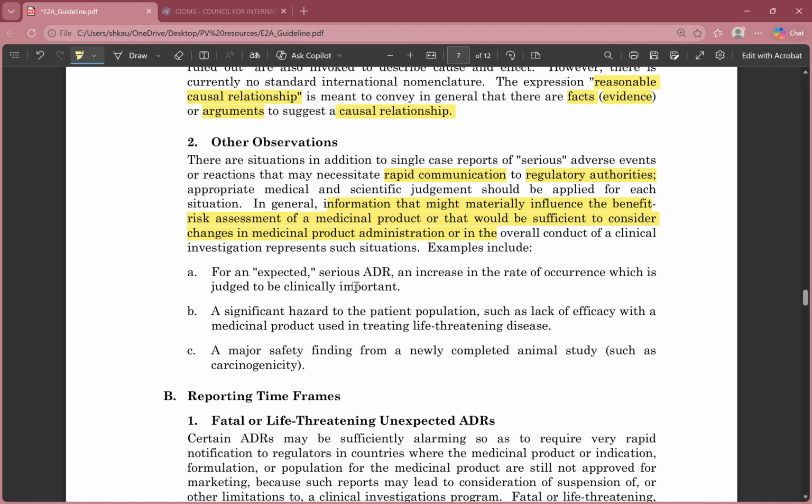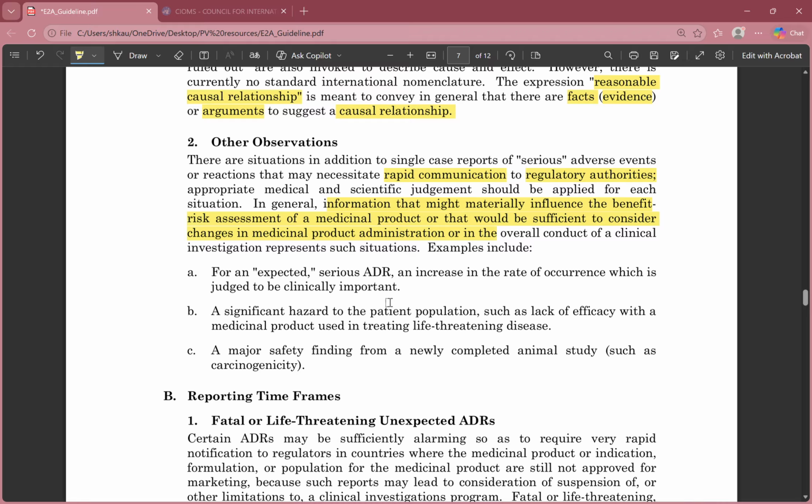So we have 3 examples here. The very first one is an expected serious ADR, an increase in the rate of the occurrence which is judged to be clinically important. What this exactly means is that there is an increase in the known expected serious ADR.